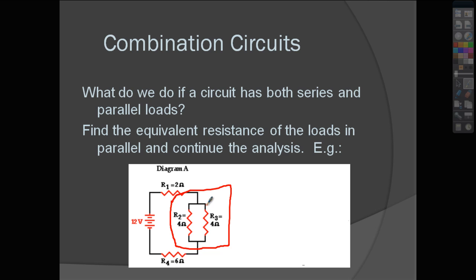Flip that upside down, you get 2 ohms. Replace this with just 1 resistor that has the equivalent resistance of 2 ohms and continue on from there. Now it's pretty easy to find the total resistance for the circuit. 2 plus 2 plus 6 is going to give us 10 ohms. So get rid of the parallel ones and then do the series stuff.